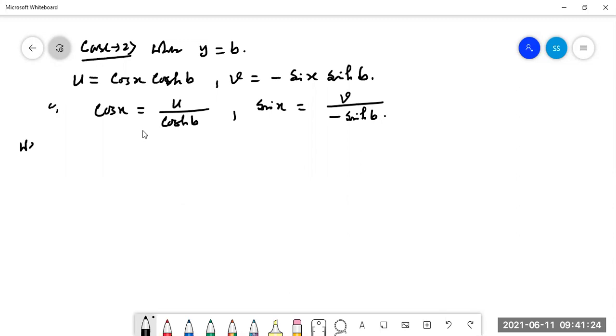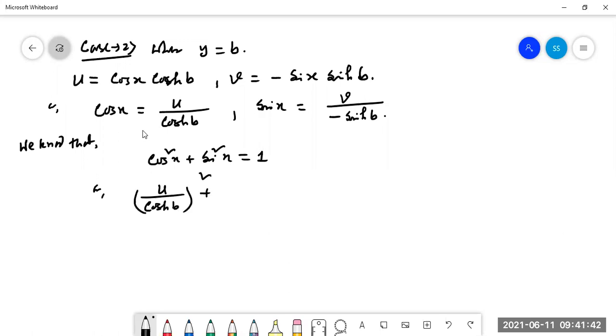Now we know that cos square x plus sin square x equal to 1, so put the value of cos x, that is u by cos hyperbolic b, whole square, plus v by minus sin hyperbolic b whole square equal to 1.